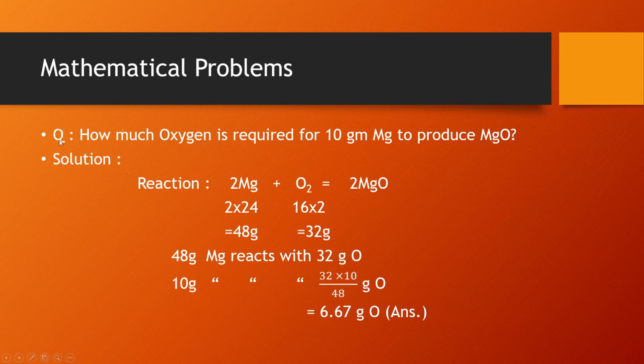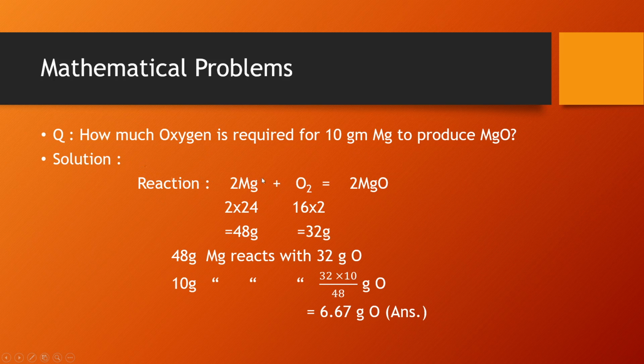In stoichiometric reactions, we can see an example: how much oxygen is required for 10 gram magnesium to produce magnesium oxide. This type of mathematical problem will be found in stoichiometry.